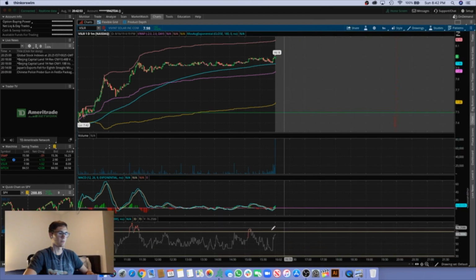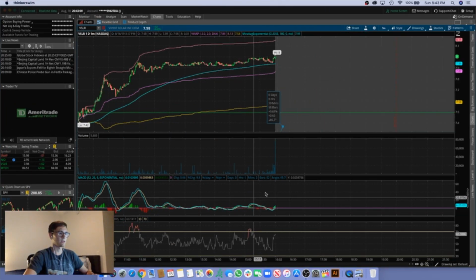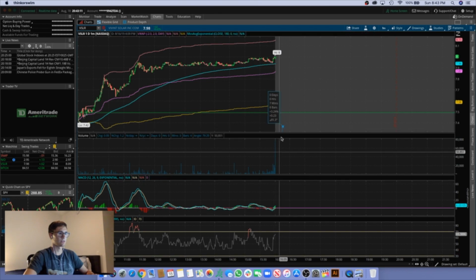This is another bullet point that it doesn't fall under. It's actually at 65. Below 50 would be oversold, I guess, in his case. Let's see, MACD indicator showing signs of reversal. Okay, MACD, this one does actually show signs of reversal.